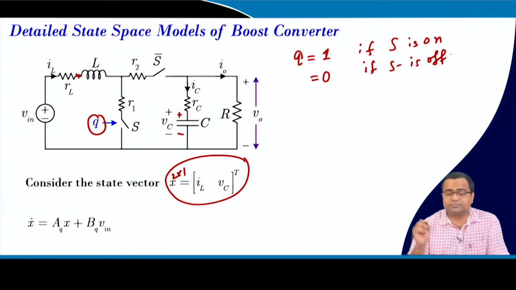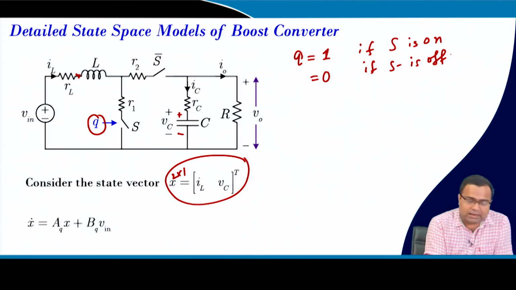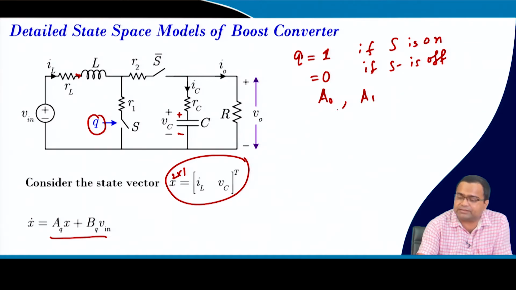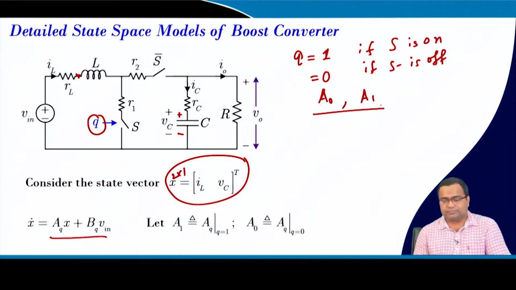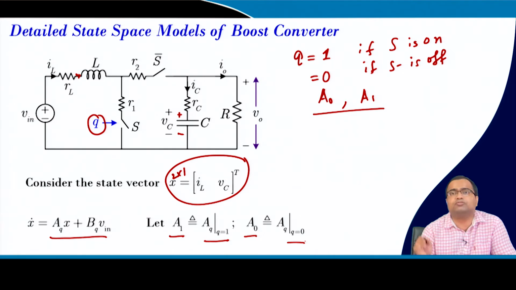So, depending upon the switch state, we will get Q 0 or Q 1, and based on Q 0 and Q 1 you will get the A0 and A1 matrix. That means we are talking about A1 when Q equal to 1 and A0 when Q equal to 0.